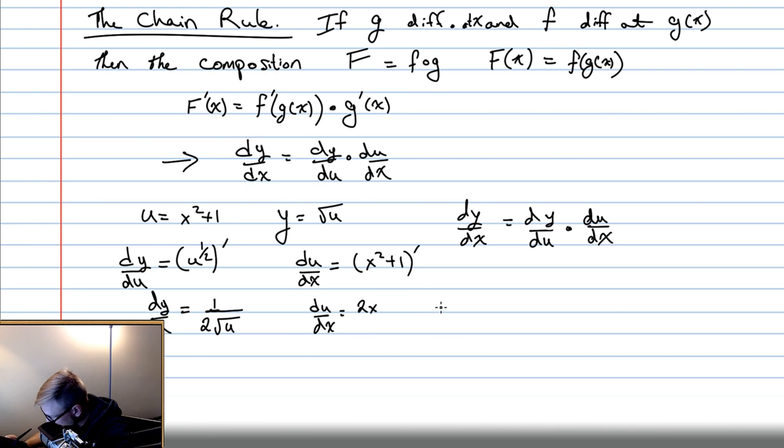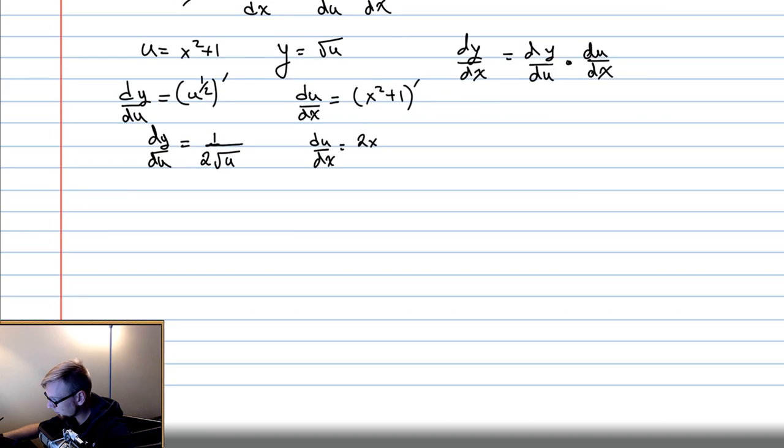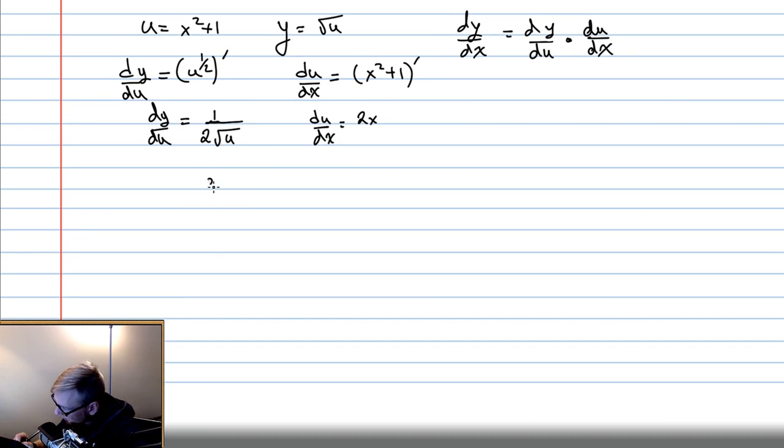Now, plug it back in. dy/dx is dy/du, which is 1/2 times the square root of u, times du/dx, which is 2x. But we want it in terms of x, not in terms of u.